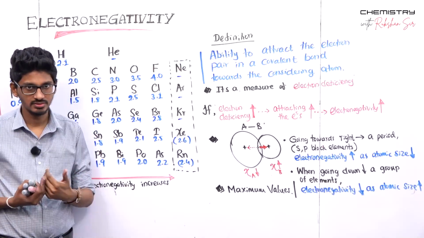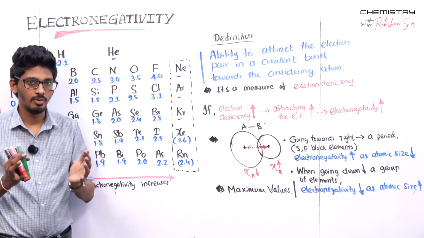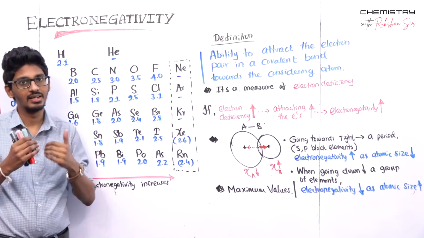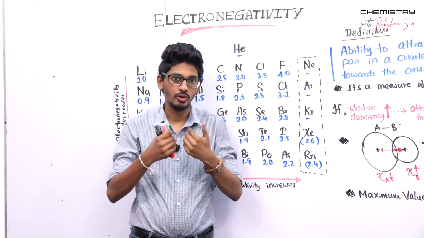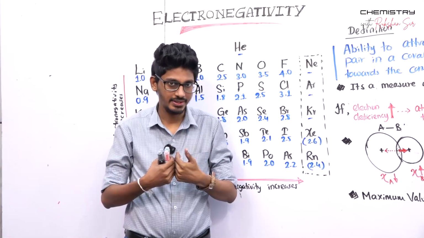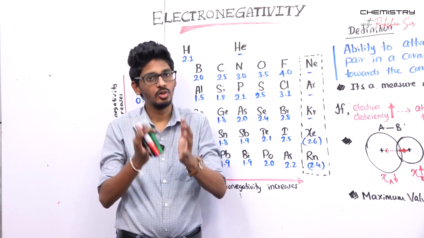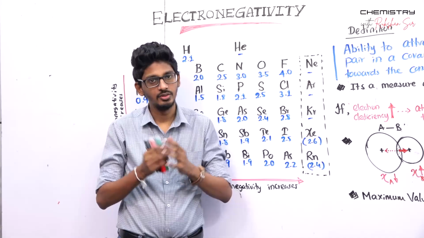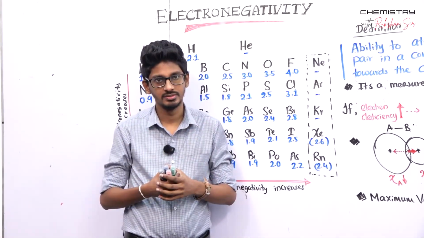Why is that? Because by definition, electronegativity is all about the ability to attract the electron pair in a covalent bond. But when it comes to noble gases, those are not that keen on making bonds.